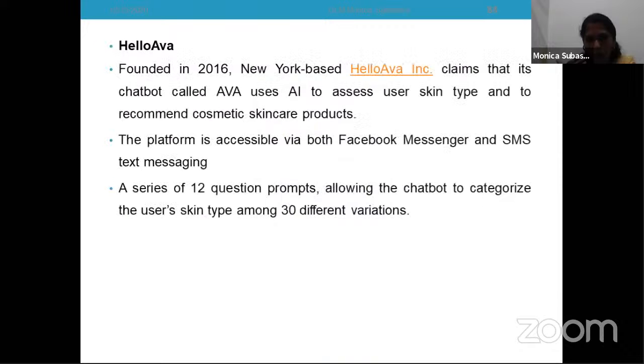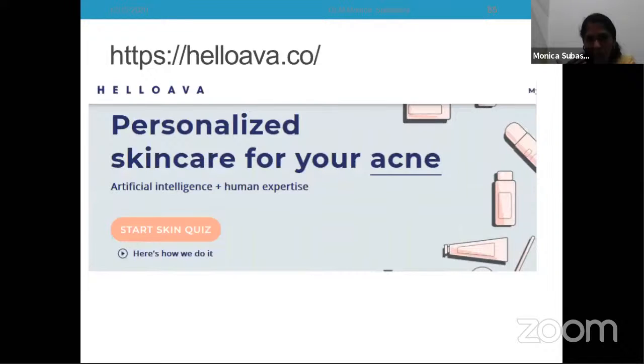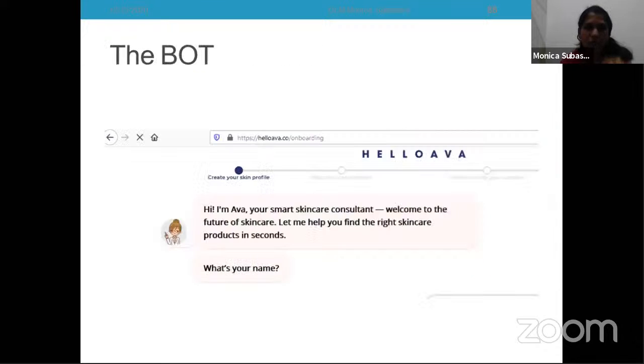Next, one important app is Hello. You can come up with this particular app, which is purely based on artificial intelligence. You can determine your skin type based on the questionnaire conducted by this app. Start the skin quiz, and finally the product would be suggested. This is one leading app right now which applies artificial intelligence and deep learning techniques.